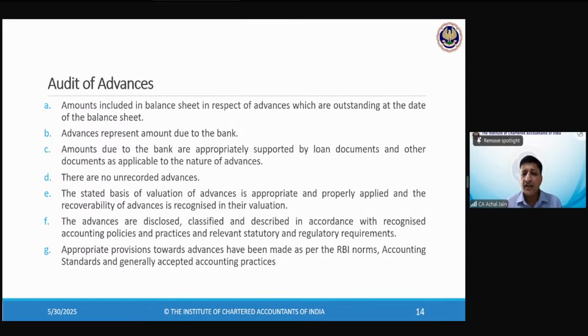In relation to the financial statements, we also saw that whenever it comes to a bank, advances will be a significant chunk in the balance sheet. If you look at the proportion of total assets, advances will always be a major proportion, be it any bank. Okay, so that was not specific to the particular bank we looked at.